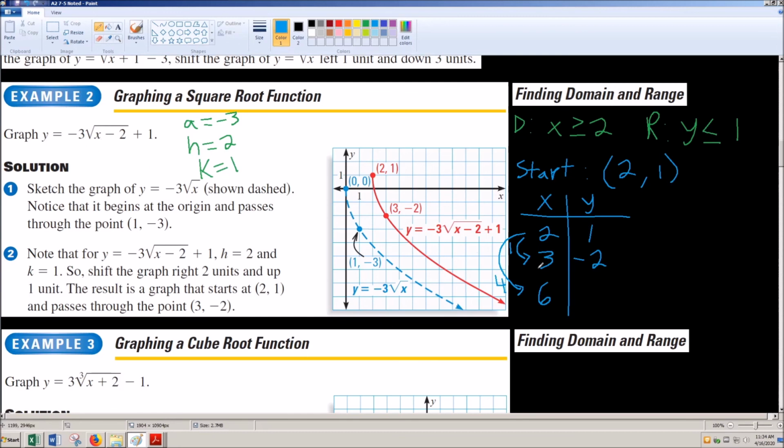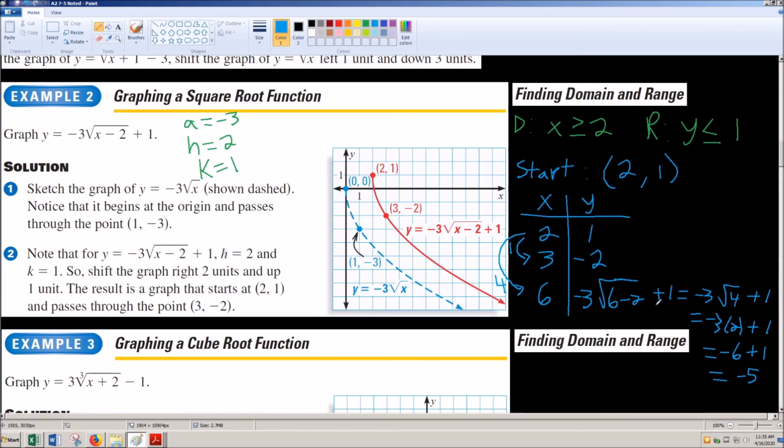Now here, I'm going to do the same thing, plugging in 6. I can write the whole thing out, I guess, because I've just been saying them. So negative 3 times the square root of 6 minus 2, plus 1, which equals negative 3 times the square root of 4 plus 1, which equals negative 3 times 2 plus 1, which is negative 6 plus 1, which is negative 5.